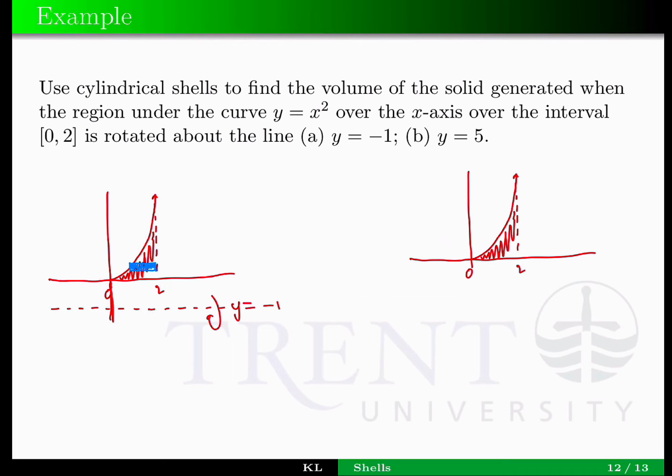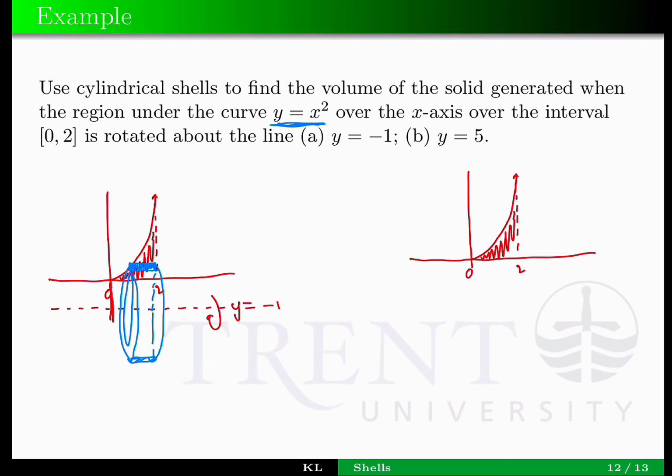What is the height? So if we revolve this, you will have this shell here. Then we have that part there. The height will be from this point going to this point. Take note that we are doing horizontal strips.